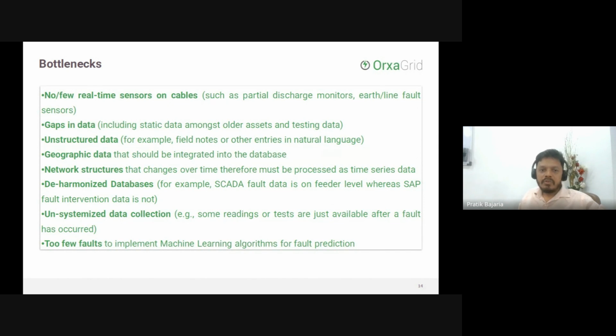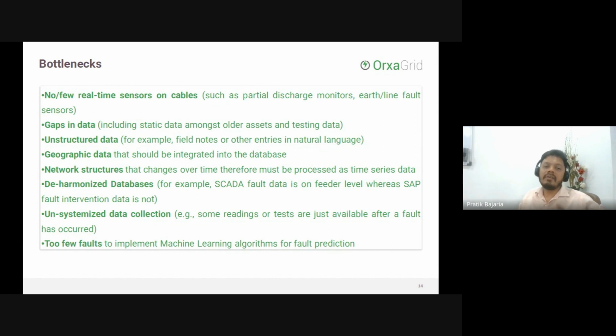The bottlenecks you could face are that either you have feeder lines which have high potential, high ratings, but you have very few real-time sensors implemented. The data that you give us might have gaps, communication failures, or the sensor in itself is not showing exact data, and the sensors are actually not calibrated.